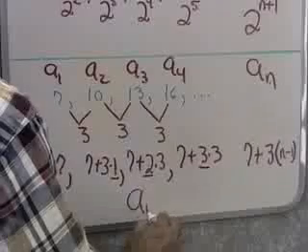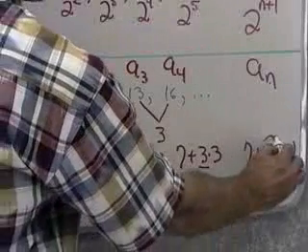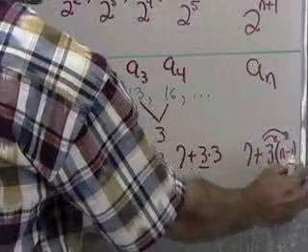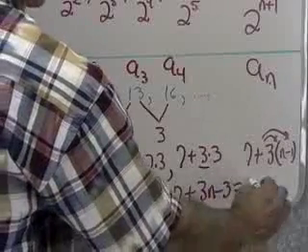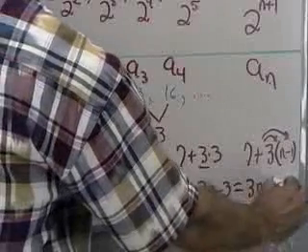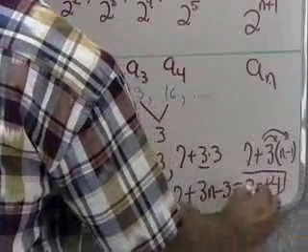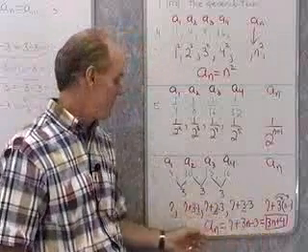So a sub n, the nth term, is going to be 7 plus, I'll multiply this out, 3n minus 3, and that looks like 3n plus 7 minus 3, which is 3n plus 4. Now, let's just see, does that make sense? A sub n equals 3n plus 4.